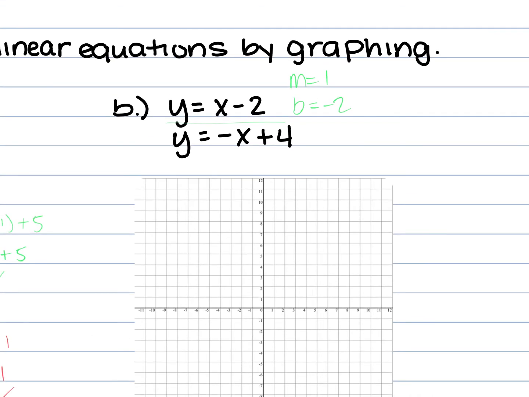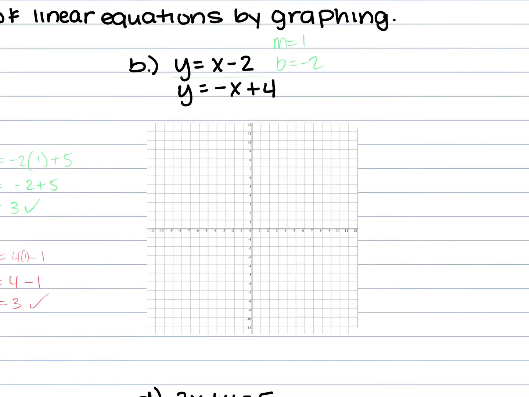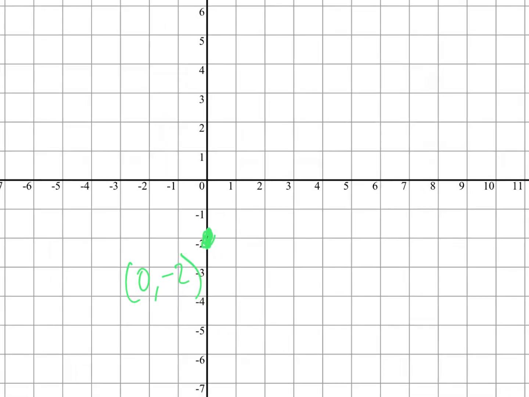What do I do? And then you put it on -2. Where? On the graph, where? Here or here? y. Good. And then up 1 and to the right 1. Beautiful.